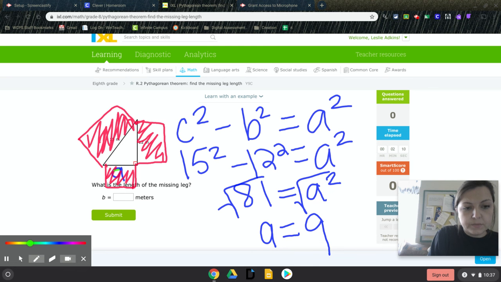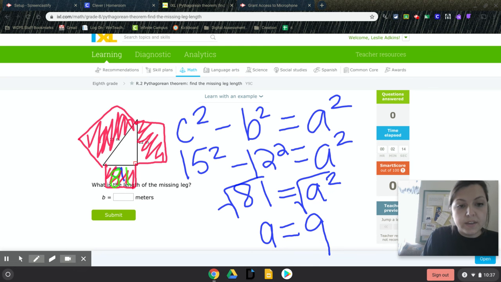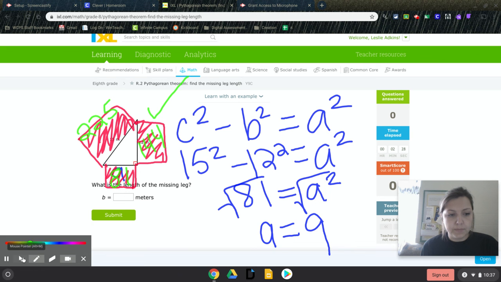So the area of this one is 81, because 9 times 9 is 81. The area of this one is 144, because 12 times 12 is 144. 81 plus 144 does equal 225. Okay? So your answer would be 9.